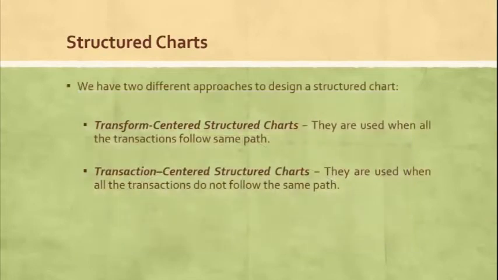So we have two different approaches to design a structured chart. First, we have transform-centered structured charts. So they are used when all the transactions follow the same path, while the other one is the transaction centered structured charts. So they are used when all the transactions do not follow the same path.